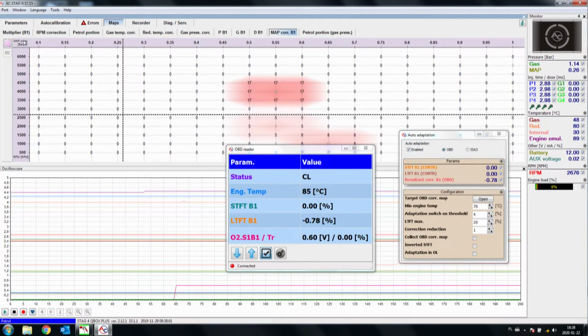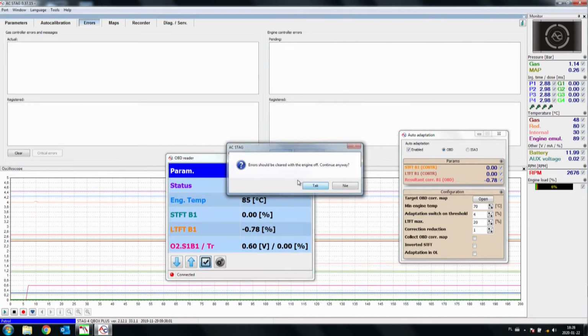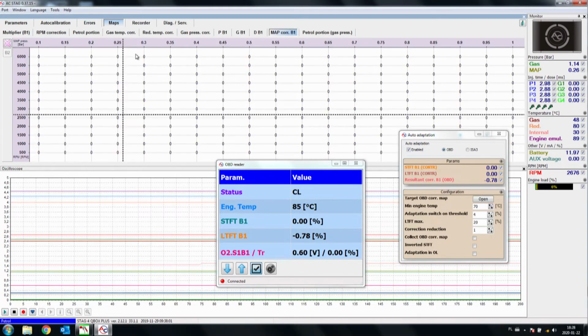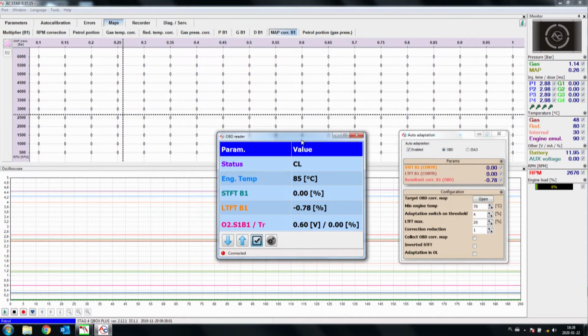To look at the settings, the better way, some errors, petrol error, we can erase the petrol ECU. You can look at the map correction, bank 1, or if you have two banks, bank 1 and bank 2 of the engine. And what is happening right now?